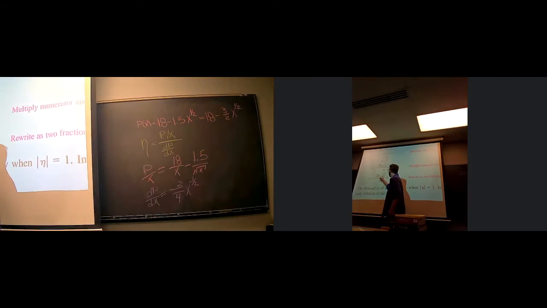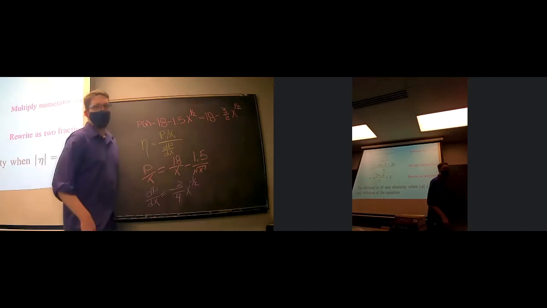Everybody cool with this? We could simplify this a little bit more, because if we multiply this by the square root of x over the square root of x, this will become x, right? Divided by x. We'll have just the square root of x underneath. So we could simplify it a little bit more, but let's leave it here.